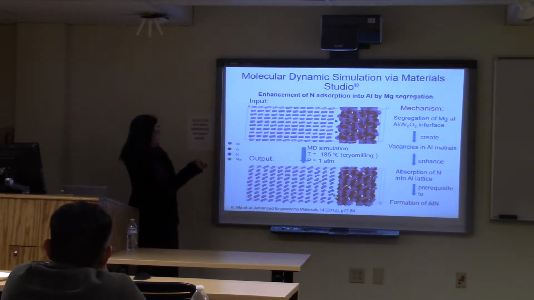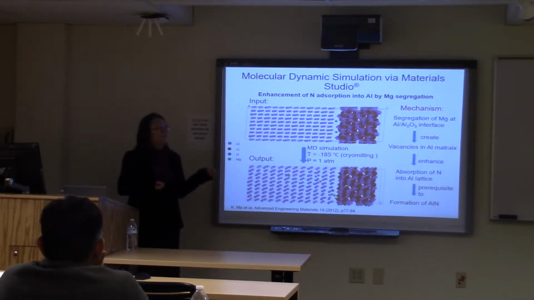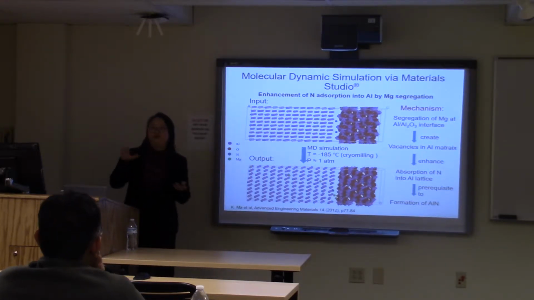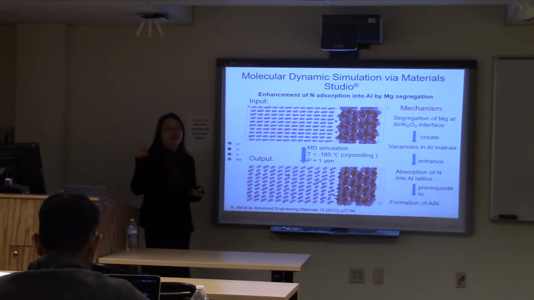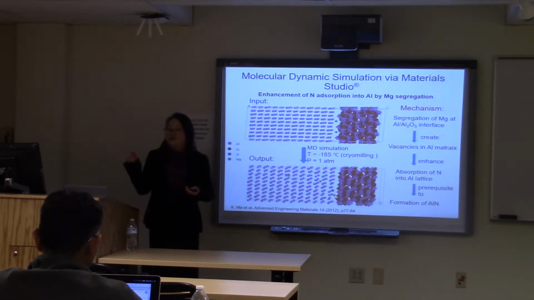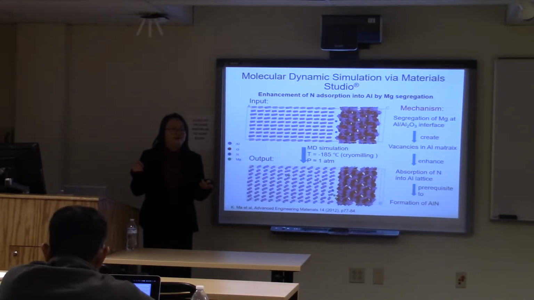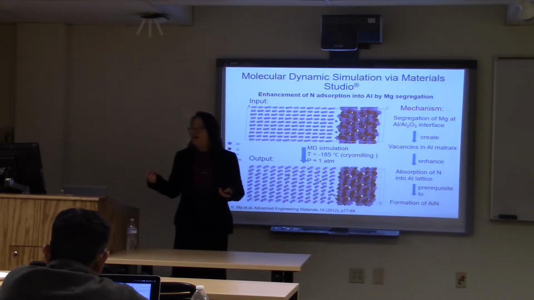And this is another simulation I have been doing, using an MD simulation to study the interface behavior between aluminum and aluminum oxide. If you recall, after cryomilling, we get a lot of aluminum nitride, and it's still a mystery how we form those aluminum nitrides in this material, because the nitrogen molecules have triple bonding here, very strong.